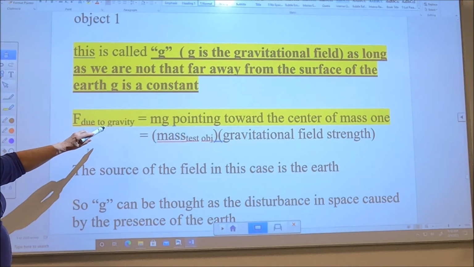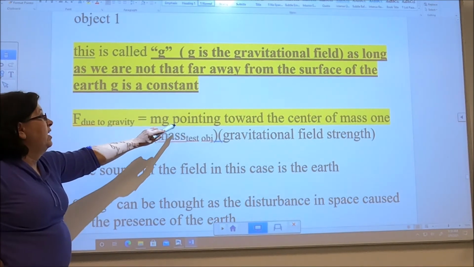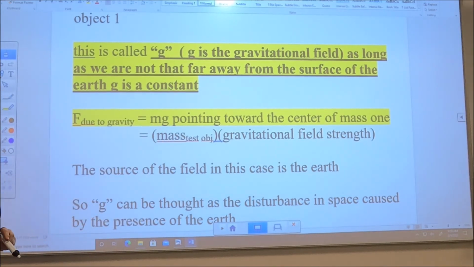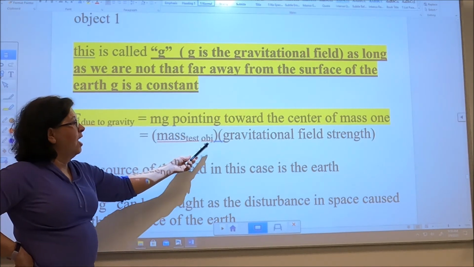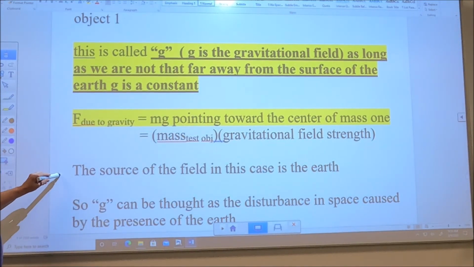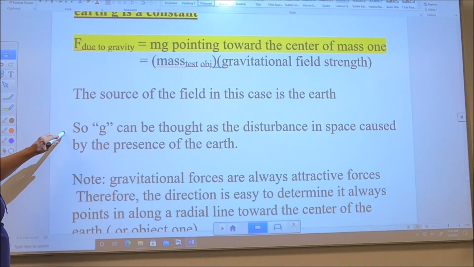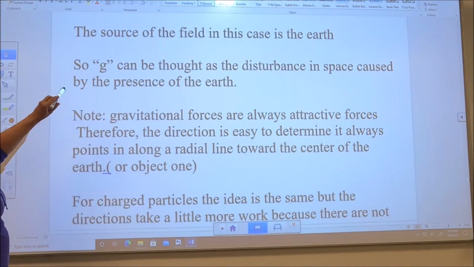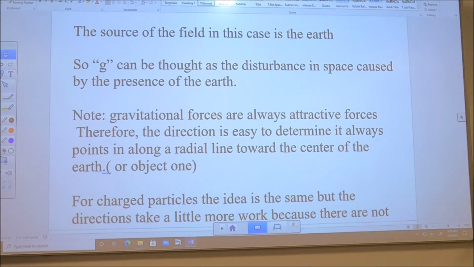So the force due to gravity on planet Earth is mg, pointing toward the center of the massive object 1, the center of the Earth. So we've got the mass of the test object times the gravitational field strength.